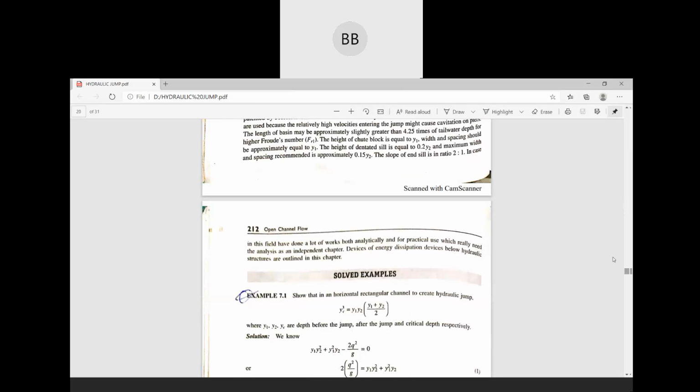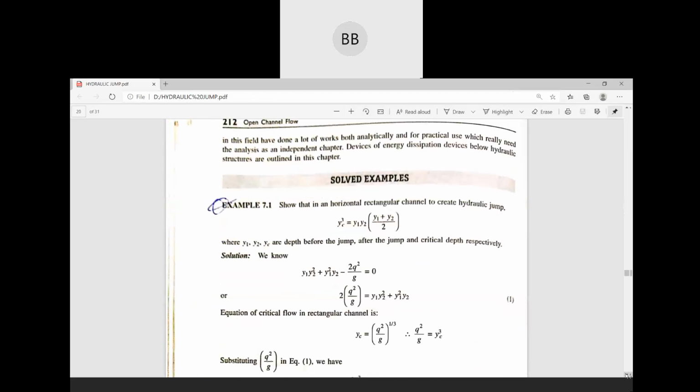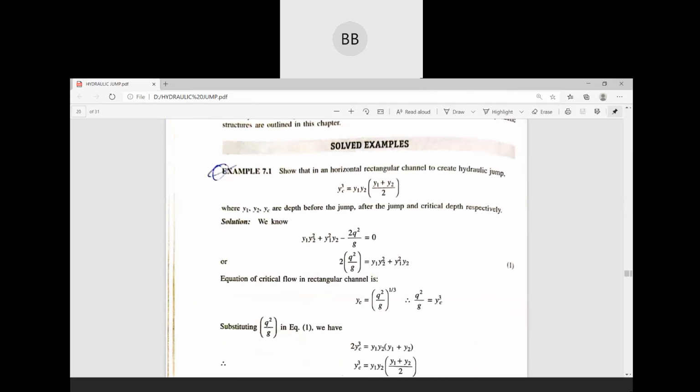Okay, so first numerical, you just write down the question, okay? Example 7.1.